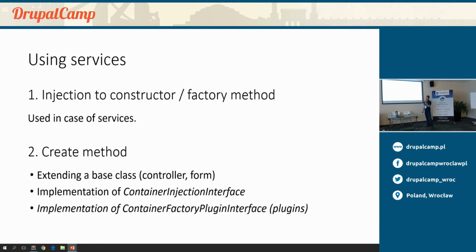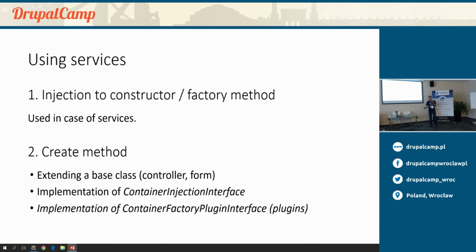Sometimes, if we don't extend a base class, I found this one in case of writing custom plugin types, we make the newly created class implement container injection interface. Okay, this is in case of controllers, and in case of plugins, we can make the class implement container factory plugin interface.